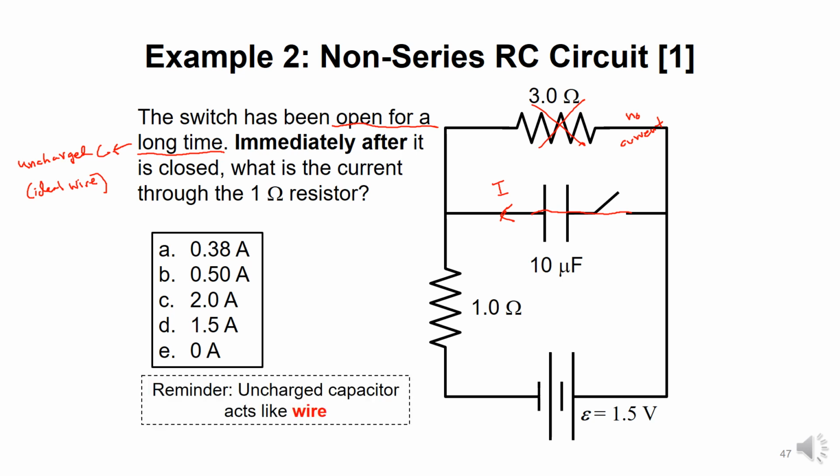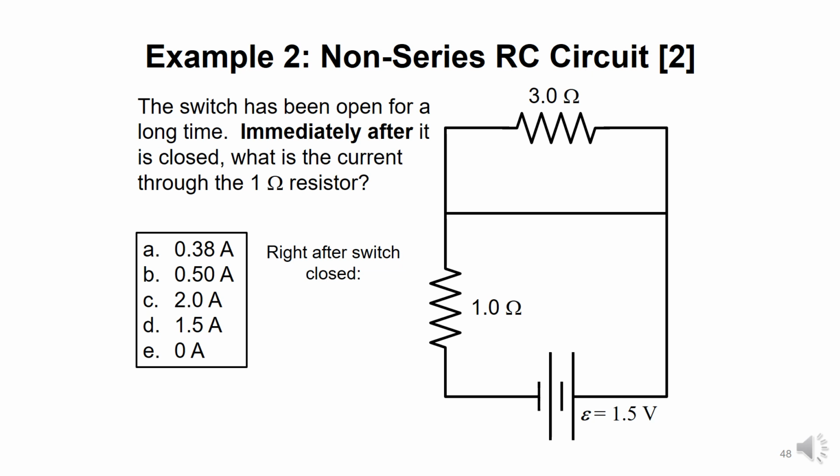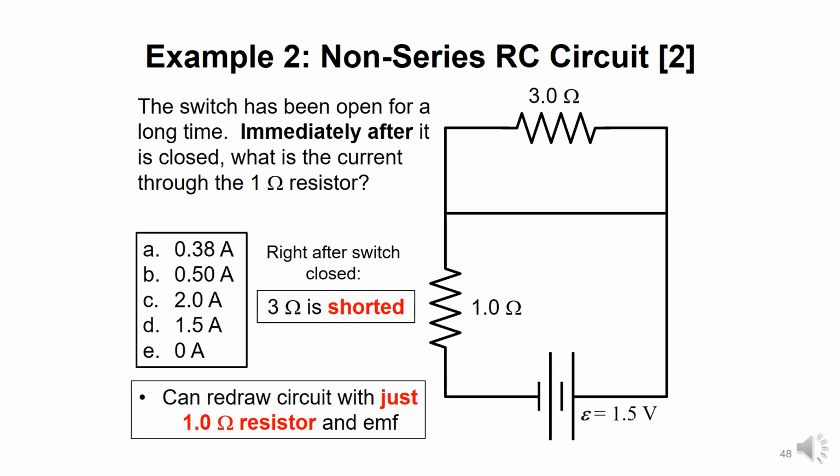So let's redraw the circuit. Replace the capacitor with an ideal wire. And here is the circuit. Change the capacitor to an ideal wire. And as I said, the 3 ohm is shorted, so it's like the branch with the 3 ohm doesn't exist.